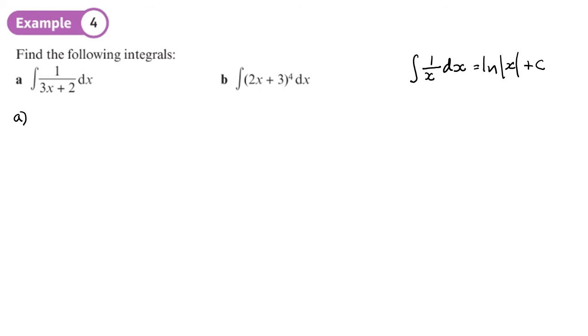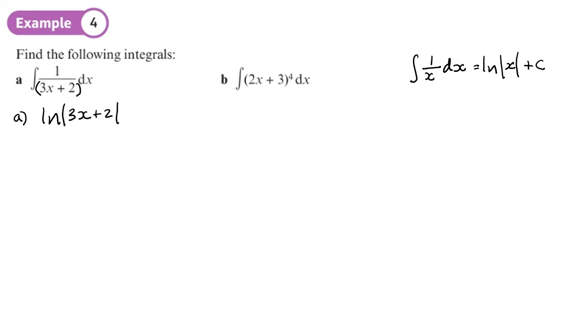So actually on this one, when you integrate the outside, 1 over the inside becomes log of the inside. So the outside is basically the 1 over, and that becomes log. So it becomes log of 3x plus 2.